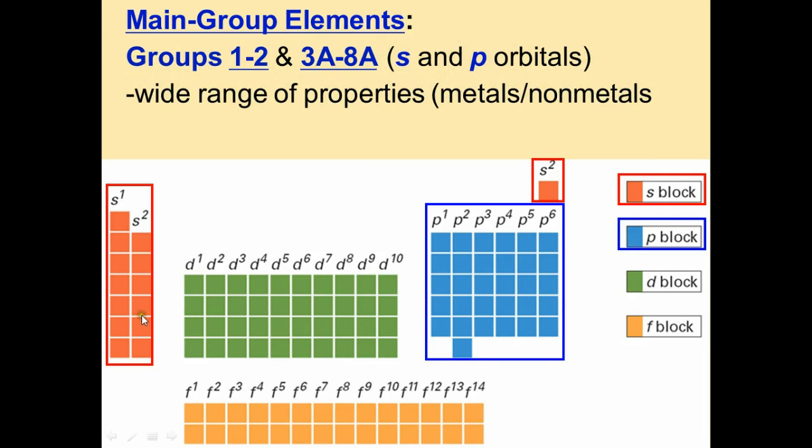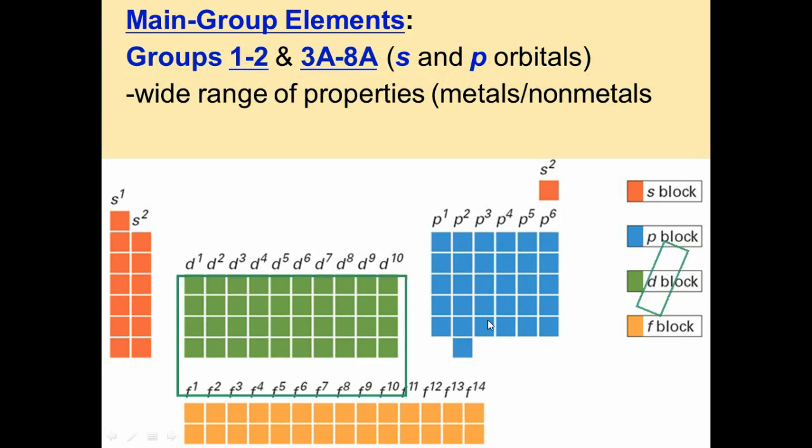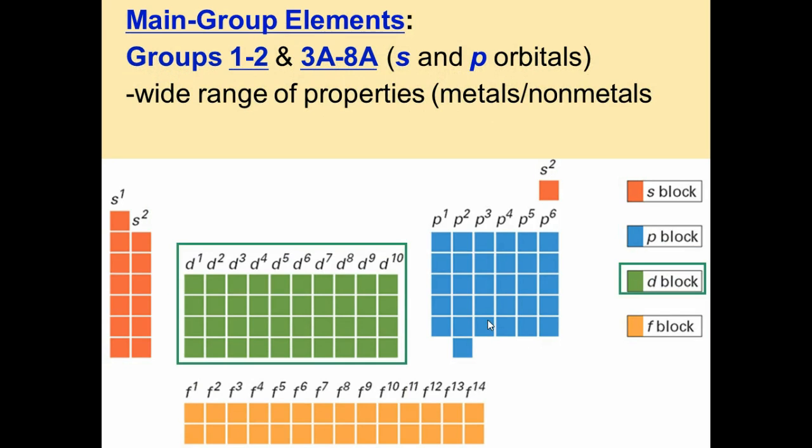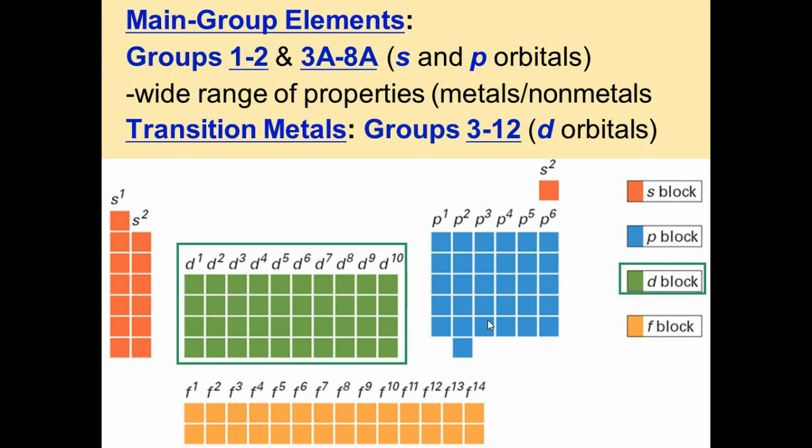There are metals, nonmetals, and some metalloids in here. Then there's the d block, which has a d orbital, and those are transition metals, like iron, tin, silver, gold, nickel. So those are some metals.